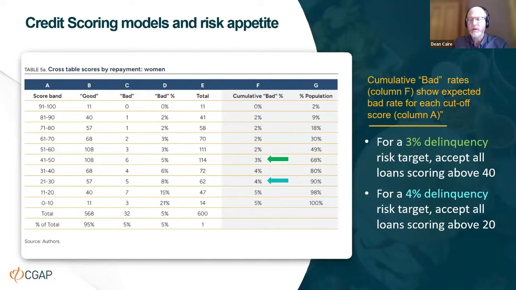but columns F and G show us the cumulative bad rate at any particular cutoff score we might want to set. So if we look at the green arrow, the cumulative bad rate is what you can call your risk appetite.